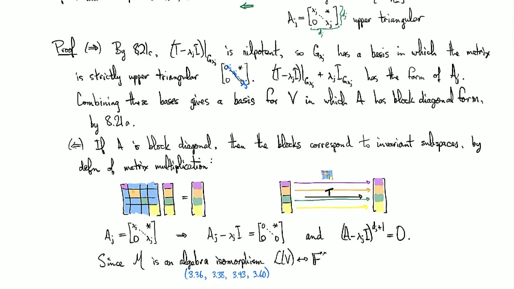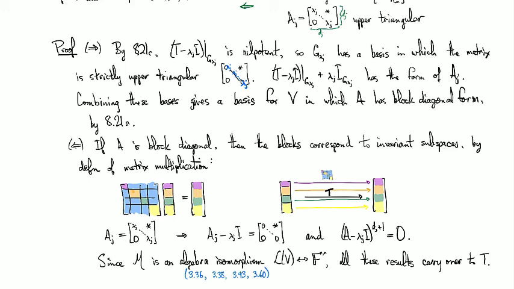And since you have an isomorphism of algebras between these two things, all these results that I was talking about for A carry over to being results about T as well.